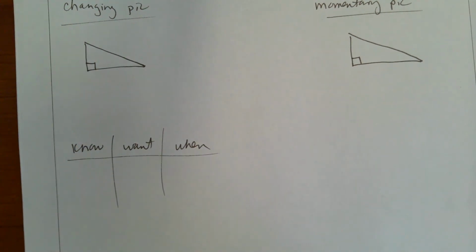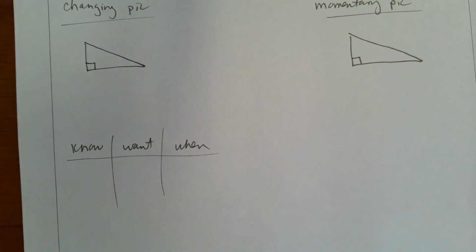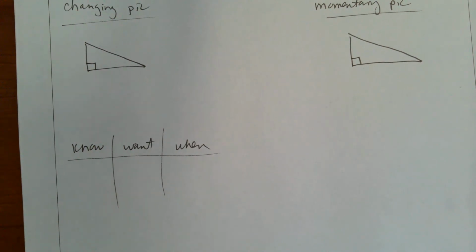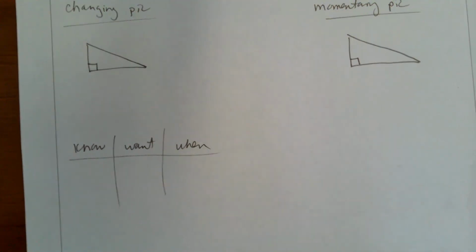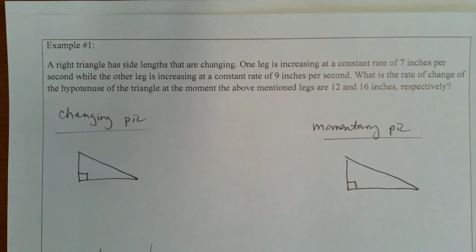Because in calculus word problems, sometimes there are things that are constant, but there are other things that are changing, and they change at different rates. Because we're dealing with certain rates of change, we're going to have to use derivatives and things like that. Okay, so here we go.